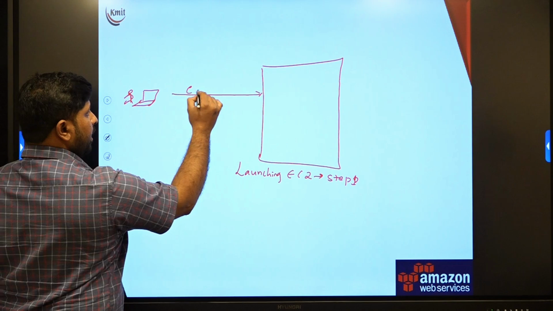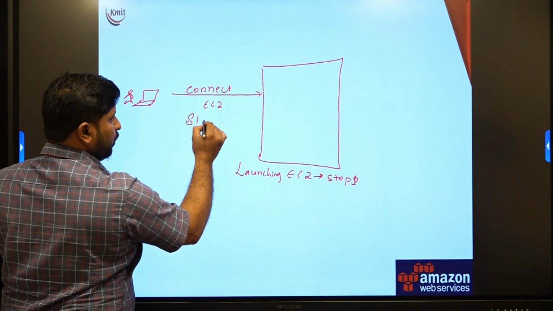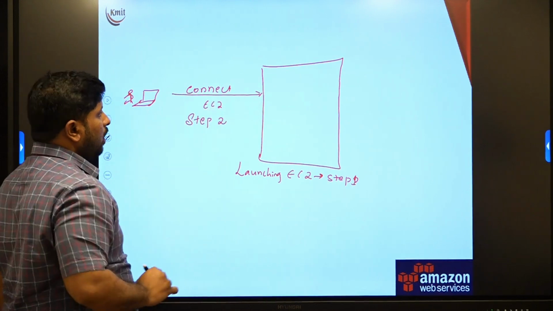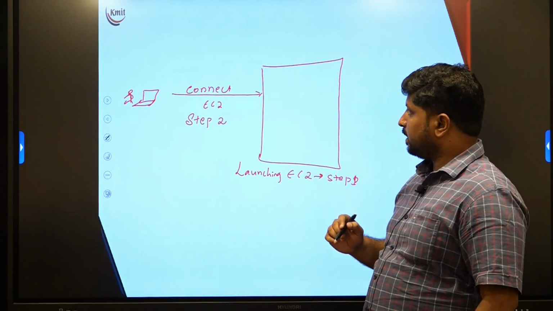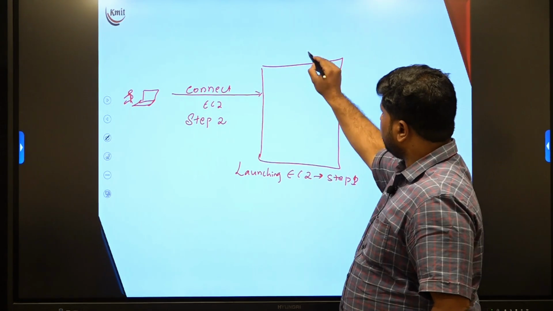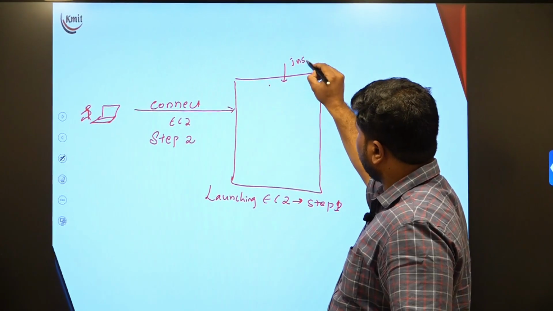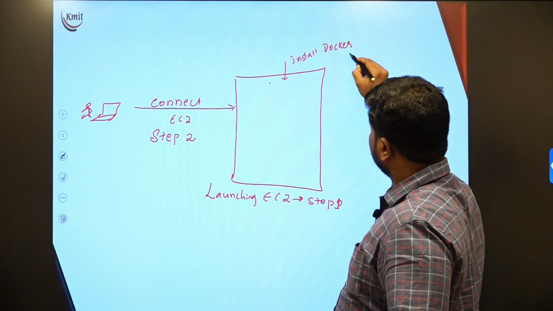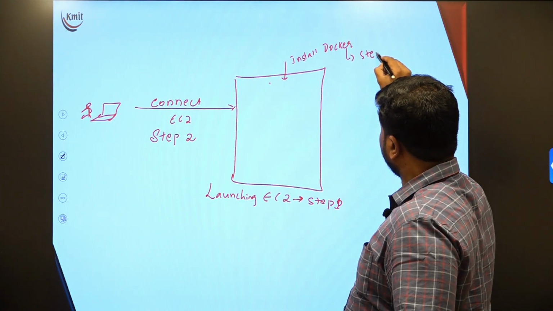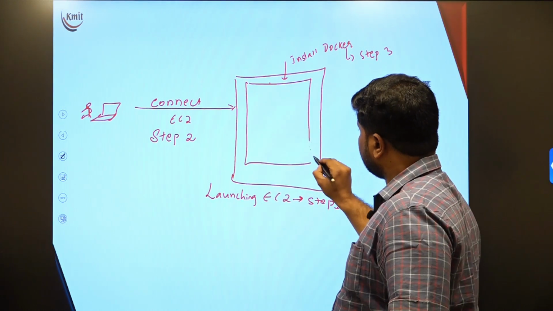This connecting to the EC2 instance is treated as step 2. Once we have got connected with the EC2 instance, then we'll install Docker within our EC2 instance. It is treated as step number 3.